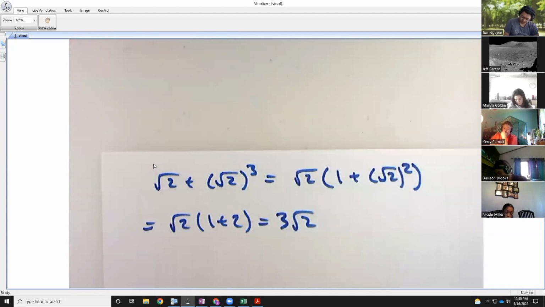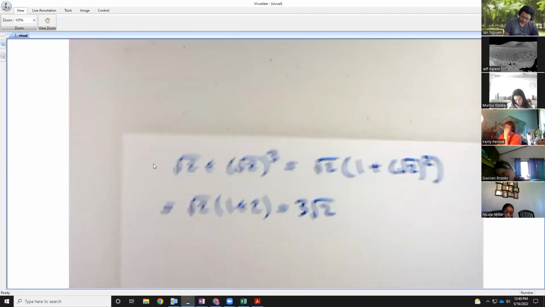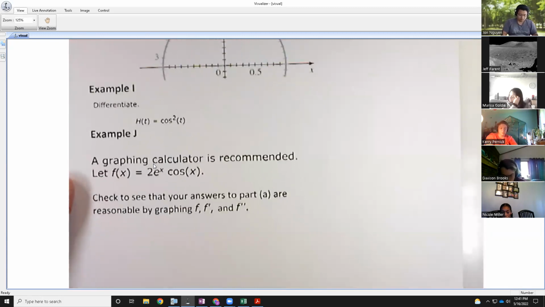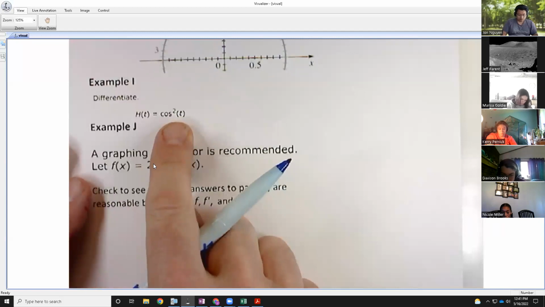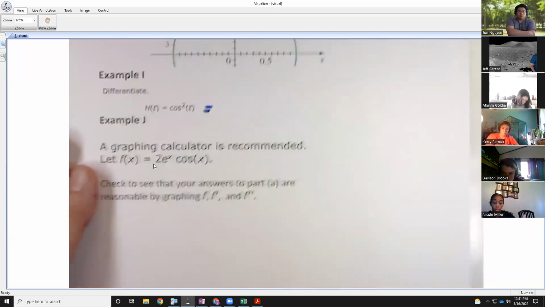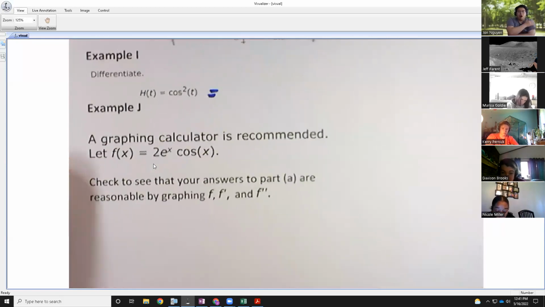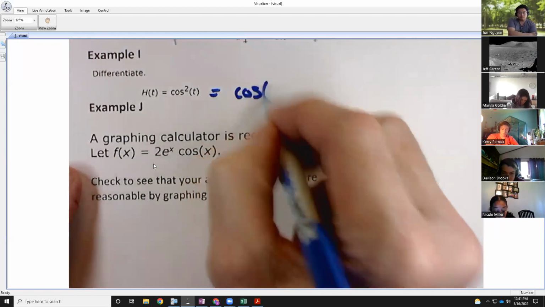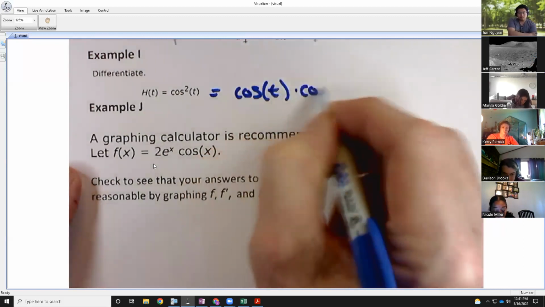All right. The last one that I want to do, I'm actually going to, let's see here. I don't want to do this one. With what we know right now, there's not much you can do to differentiate this other than write it as cosine of t times cosine of t.